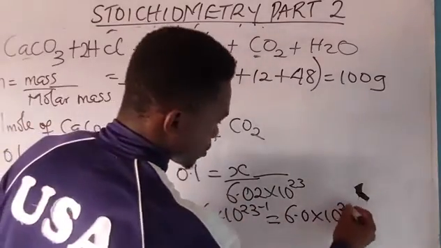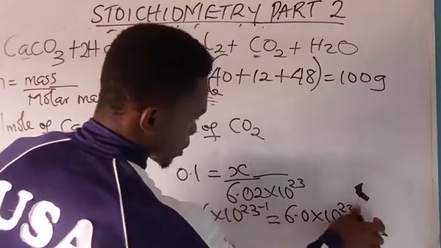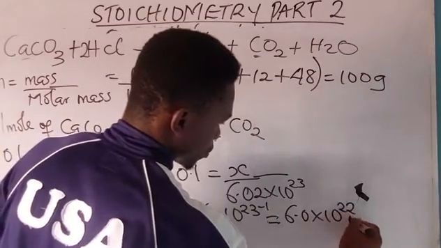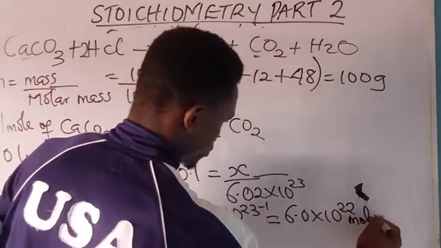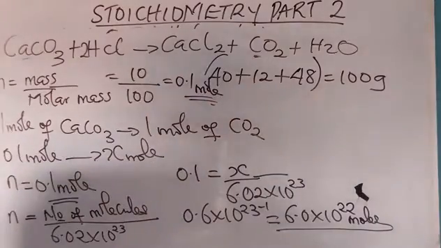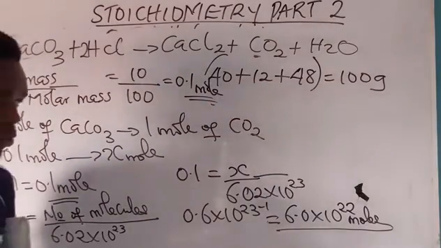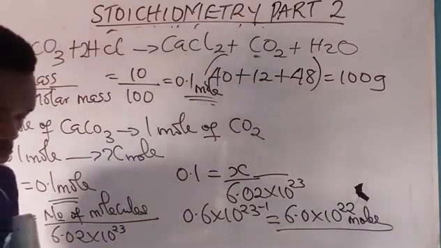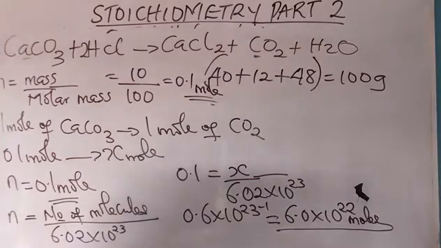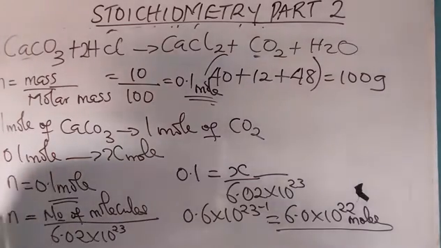You now have 23 minus 1, you have 22 molecules. So that is the answer: 6.00 times 10 raised to 22. That is our final answer.